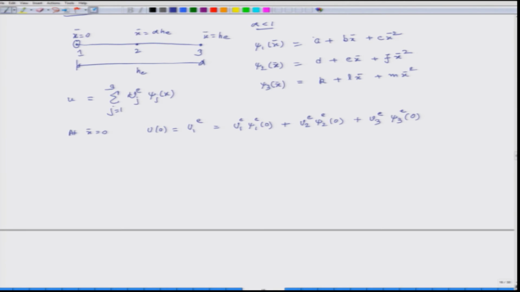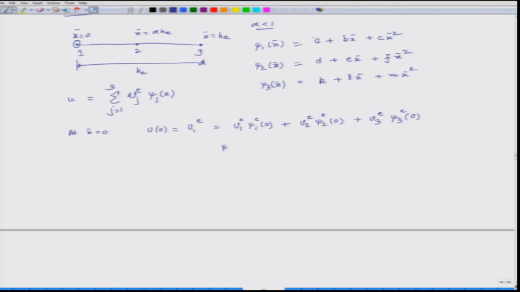Now, this relation is valid for all values of u's, it does not matter what values u1, u2, u3 are. So, I get 3 different relations.